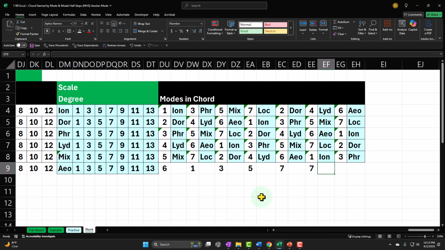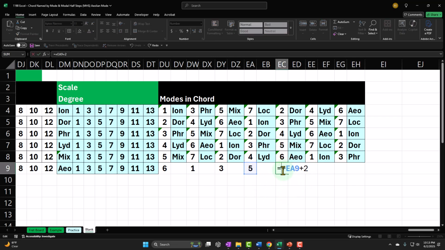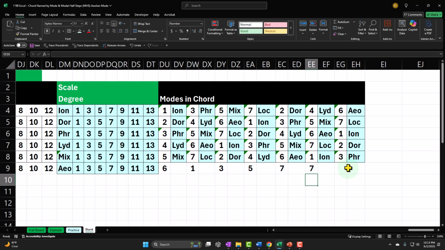Let me do that again. This equals 7 plus 2 minus 7, okay? And then this is going to be equal to this plus 2. Okay, I think I got that.